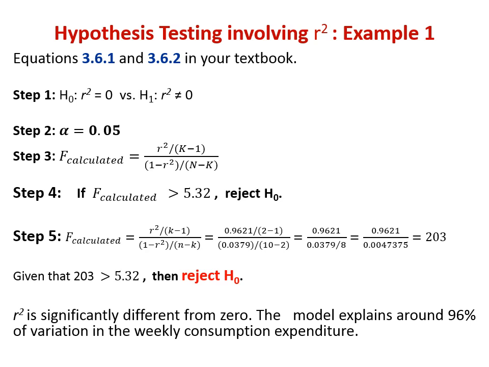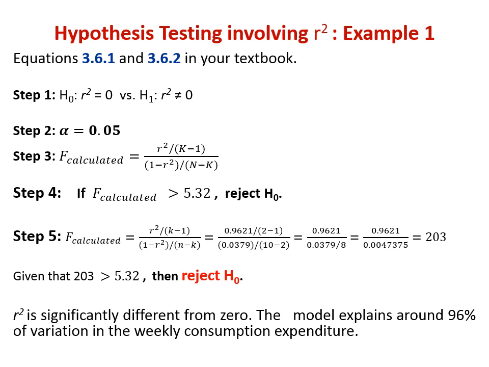Recall our food expenditure regression model, which is shown by equations 3.6.1 and 3.6.2 in your textbook and in the previous lecture. Now we are going to employ the 5-step hypothesis testing procedure to show how well the regression model explains the variation in the consumption expenditure. Note that in the current example, we adopted the critical value approach for the decision rule step.